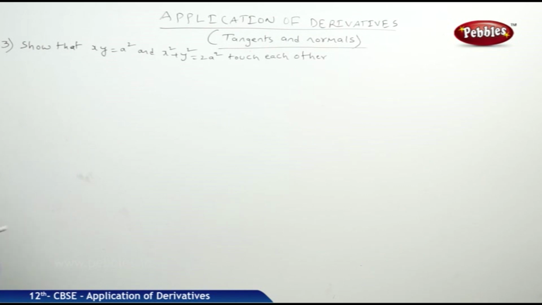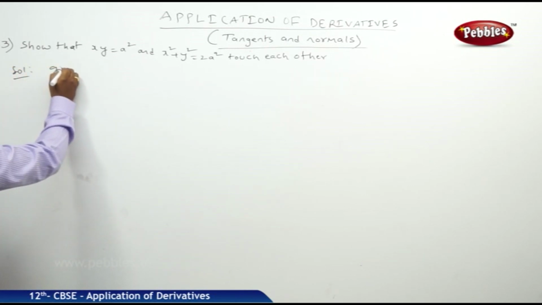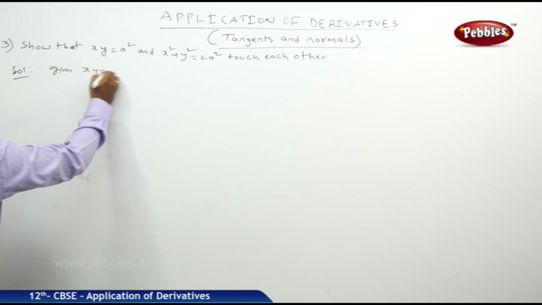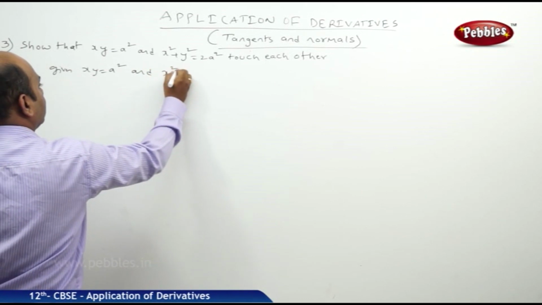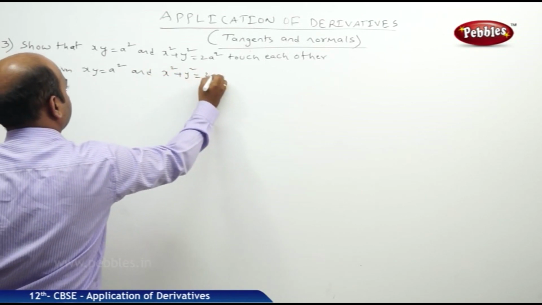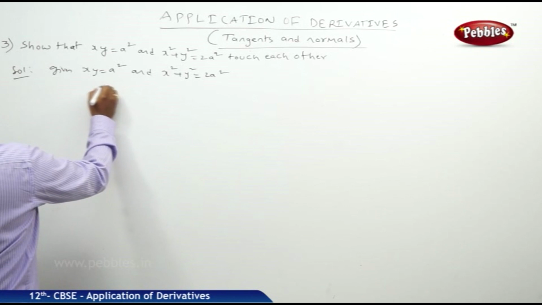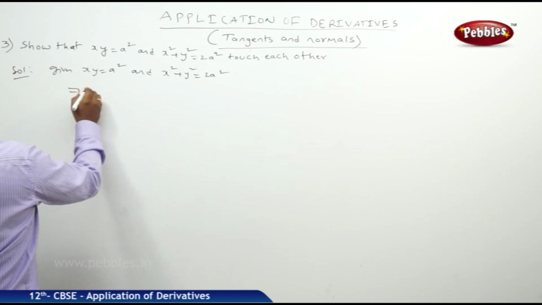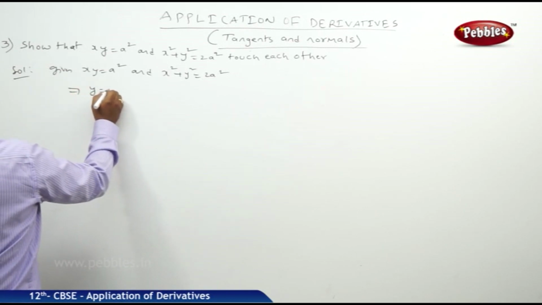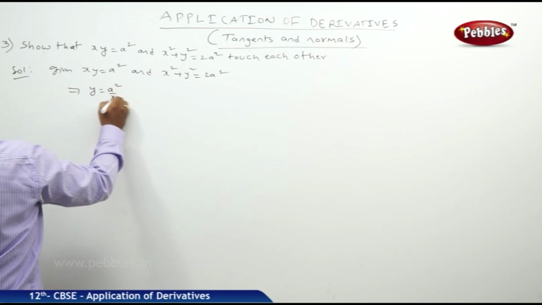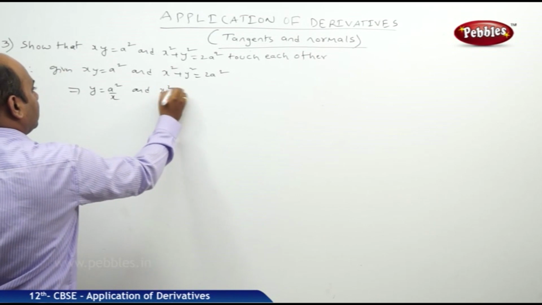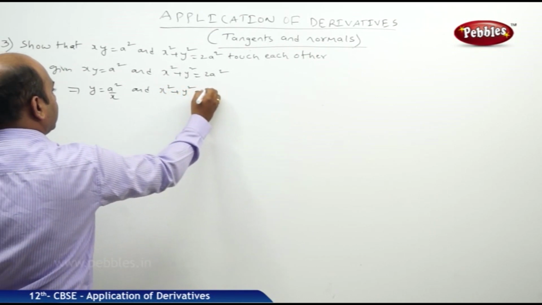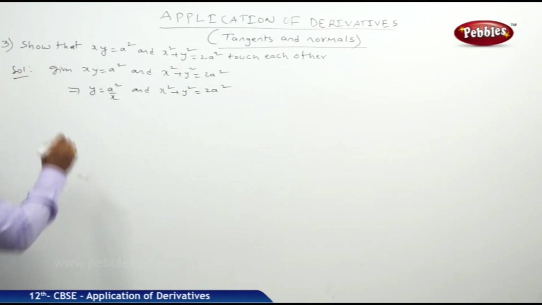Let us try this. Now given xy is equal to a square and x square plus y square is equal to 2a square. So from this I can put y is equal to a square by x in x square plus y square is equal to 2a square.